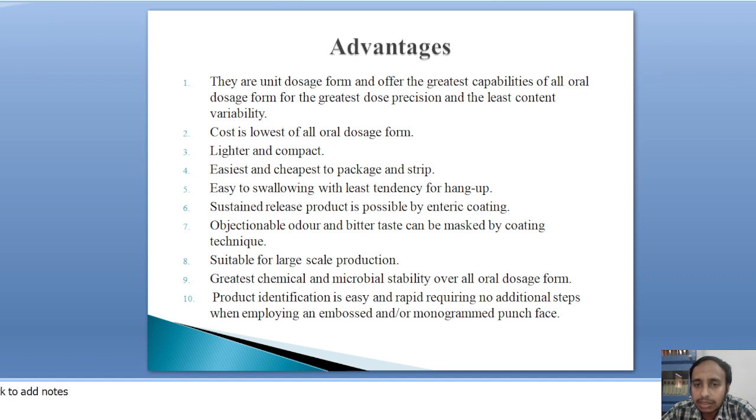This package is very cheap, like PVC. Nowadays you might have seen the metronidazole tablet: 10 tablets you will get for around 5 or 10 rupees. Why is it so much less in cost? Because the packing material is of the cheapest quality. So easiest and cheapest to package and strip.